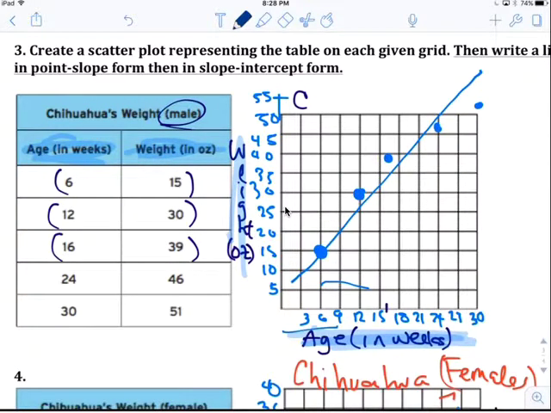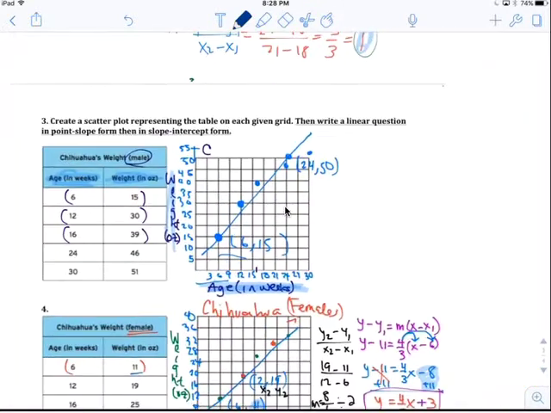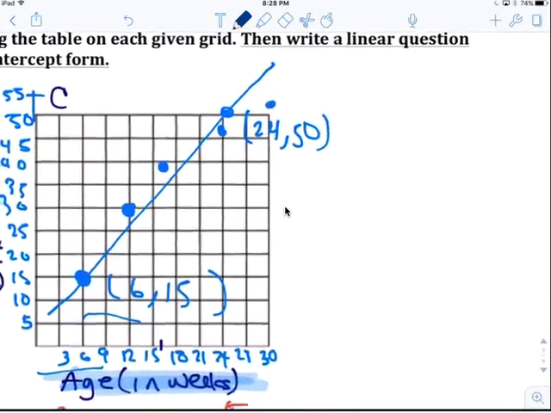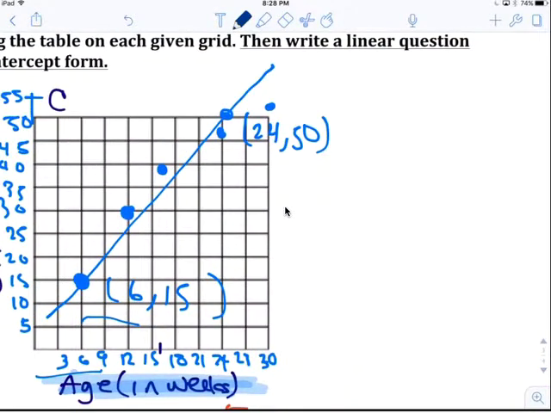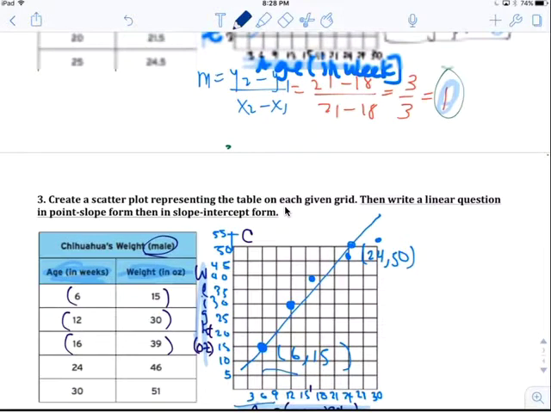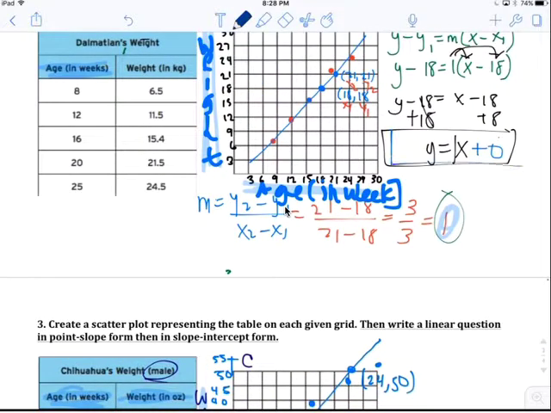Okay, so you're going to use this dot, 6 and 15, and another one would be like right here. That is 24 and 50. Some of you at home may use different dots. You don't have to have the same dots, and your answer may look slightly different, but your answer needs to be in slope-intercept form like this.